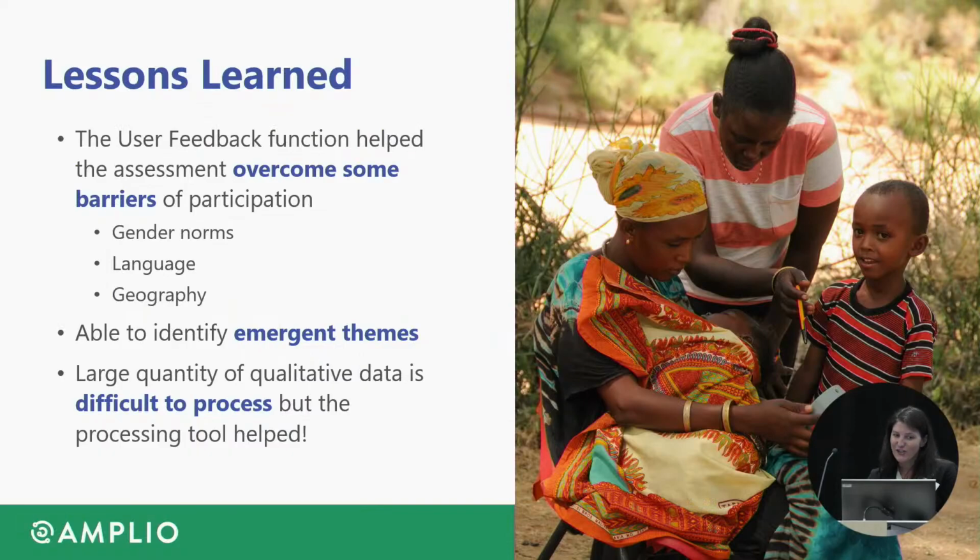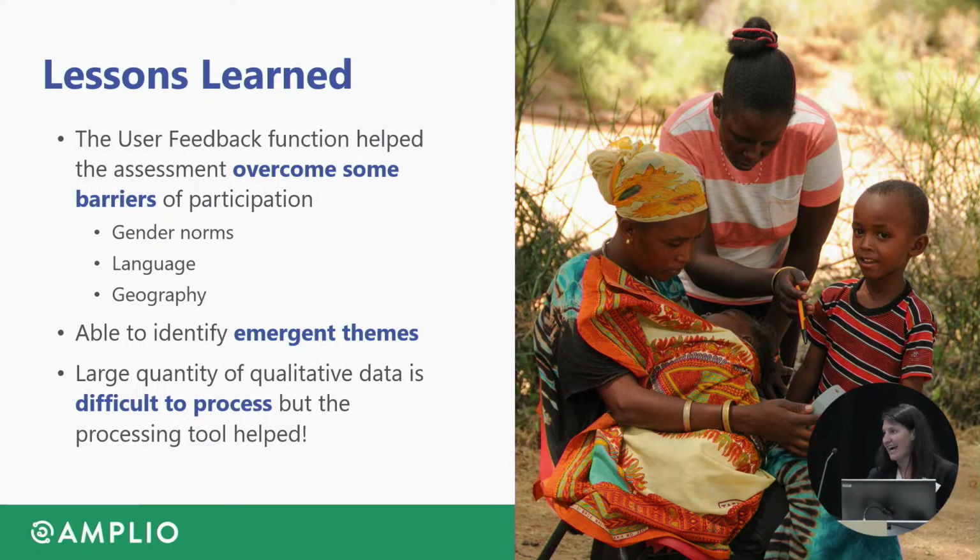So, lessons learned through this process. We found that this system of having a separate device that someone can provide feedback on overcame some of the challenges and barriers that we've traditionally faced with impact assessments. So we were able to overcome some issues with gender discrimination, language, geography.